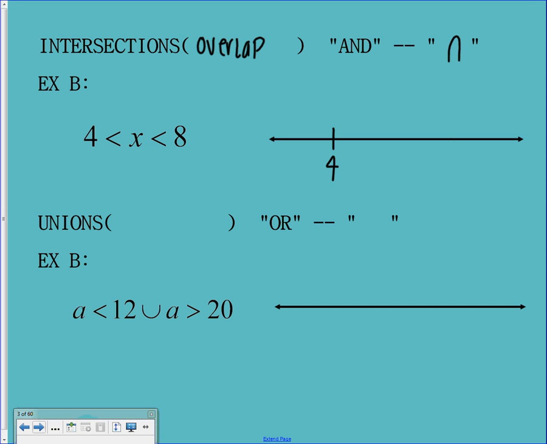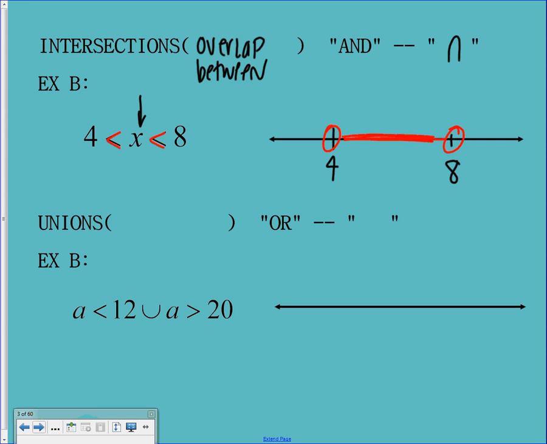So I'm going to put 4, I'm going to put 8. The overlap, sometimes also thought of as between, since our variable here is between. I'm going to put an open dot at 4 and an open dot at 8 because they are just less than signs. There's no equal to. And then between them would be numbers like 5, 6, 7, everything in between.